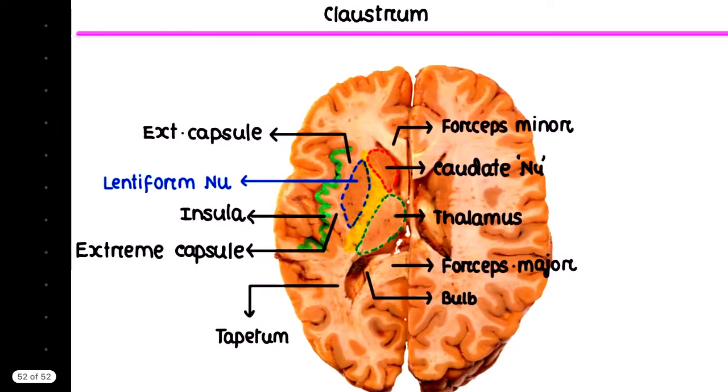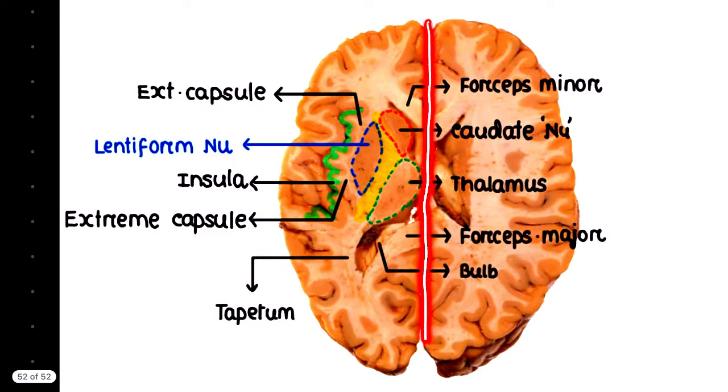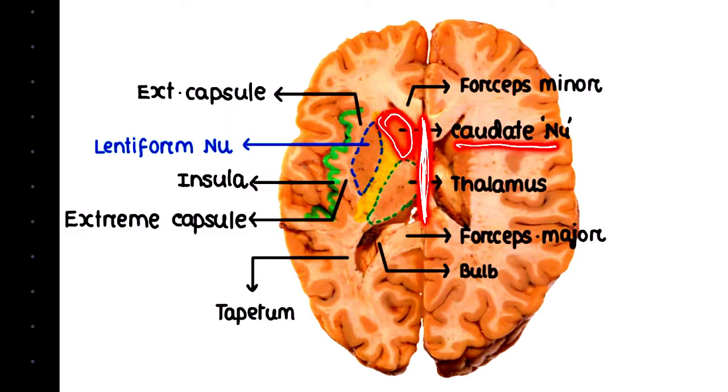Now if you see the same thing on this image, this is the midline of our body. In the midline we find the corpus callosum. Lateral to it is the caudate nucleus, and below we find the thalamus.